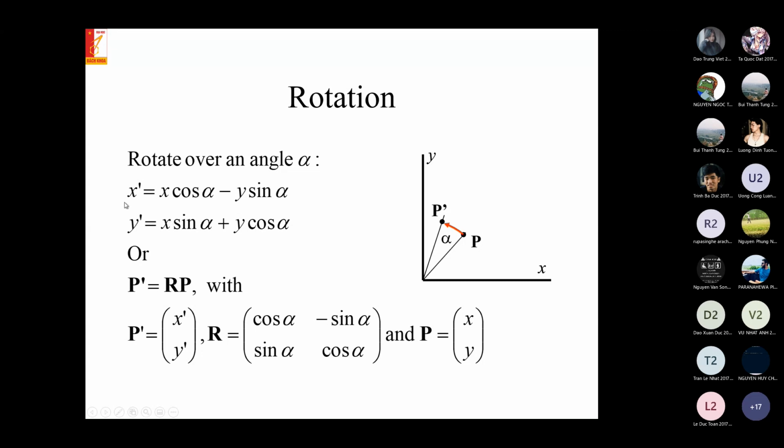And for its relations, we set up a form of matrix multiplication between the coordinates of the original ones and a rotational matrix.